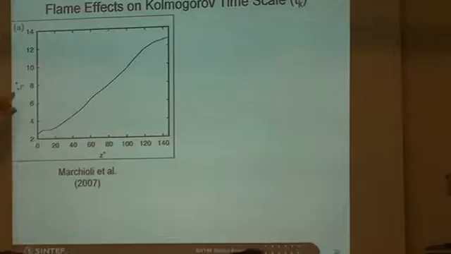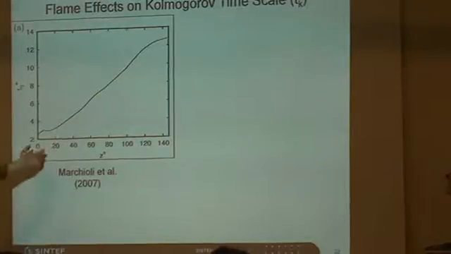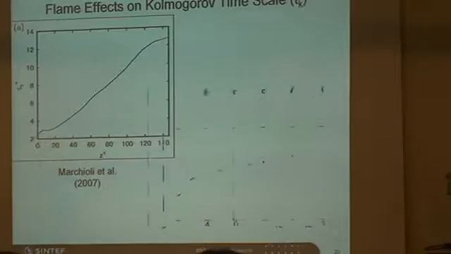So this is the Kolmogorov length scale normalized by the wall scale. And you see that this is usual behavior in a channel. Obviously in a channel flow we don't have one Kolmogorov length scale everywhere, but it changes because of the different scales.